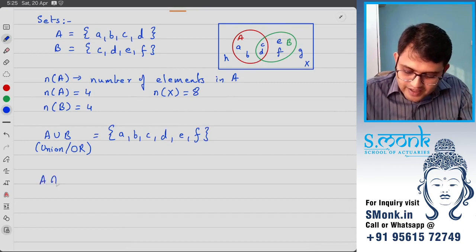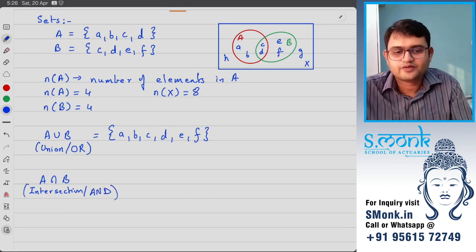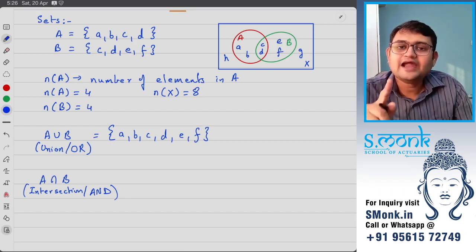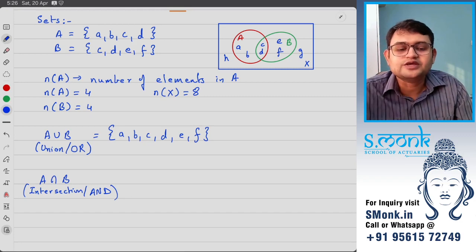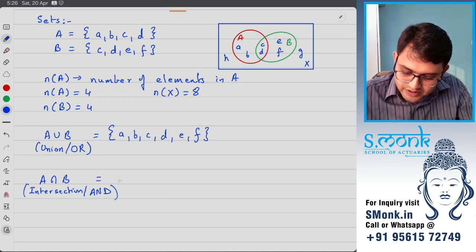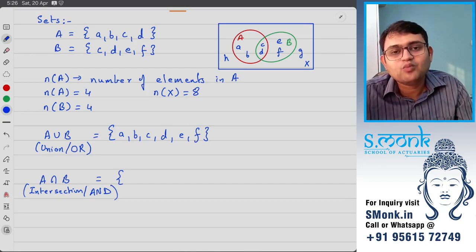Similarly, we have A intersection B. This is called intersection. Here we'll use the word and, because we'll say any element that is in A and in B will be part of the intersection of A and B. So here only the elements that are in A and in B both.